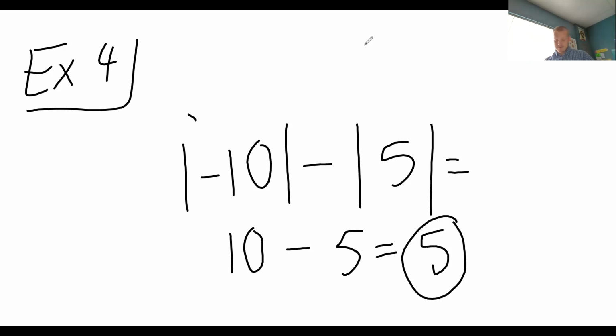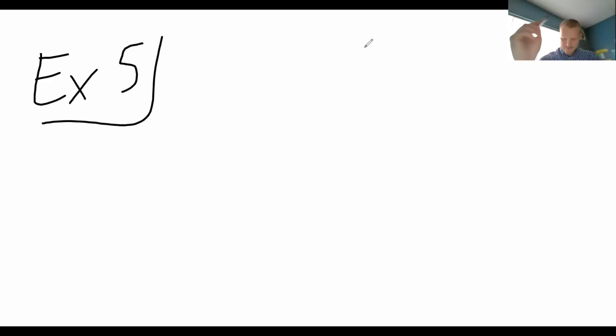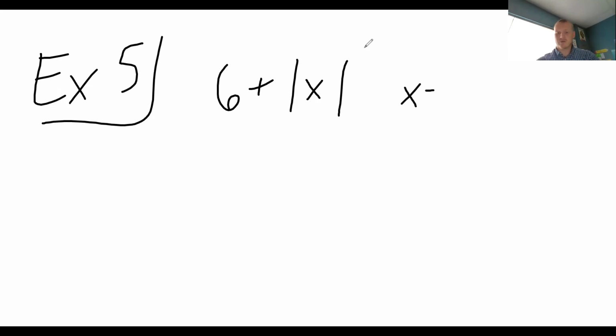All right. So what happens when we have an algebraic expression with absolute value? For the last example, example 5, it says evaluate 6 plus the absolute value of x, and x equals -2 in this situation.